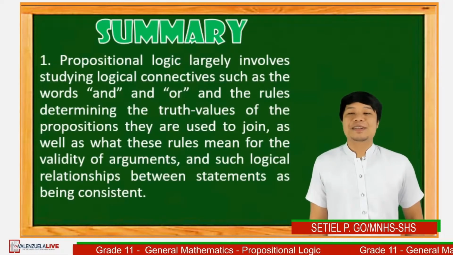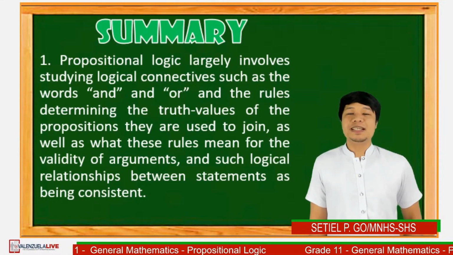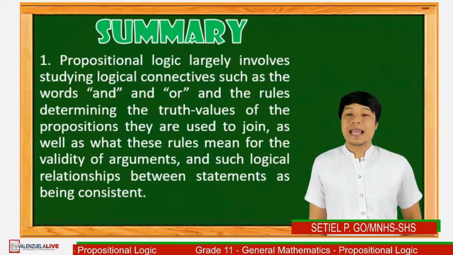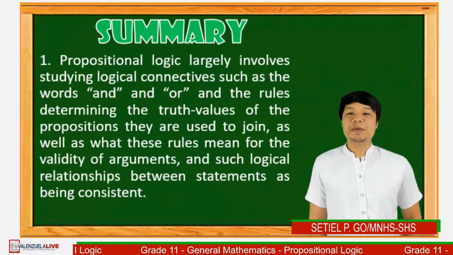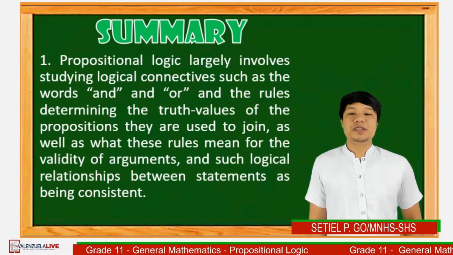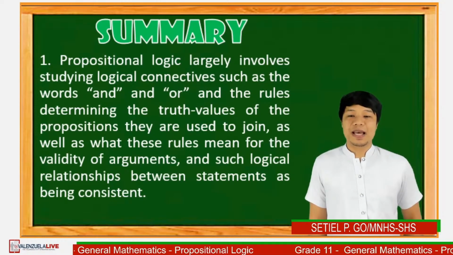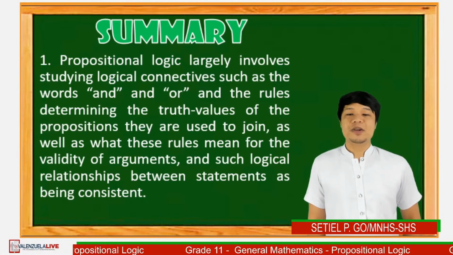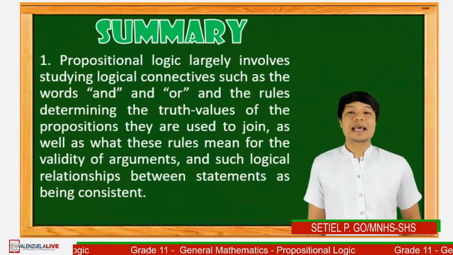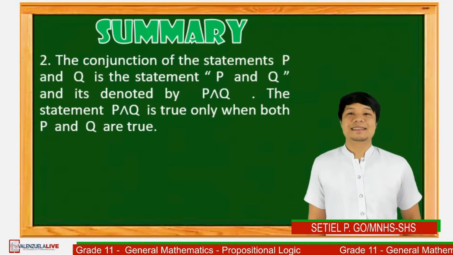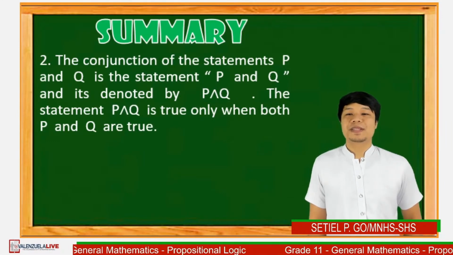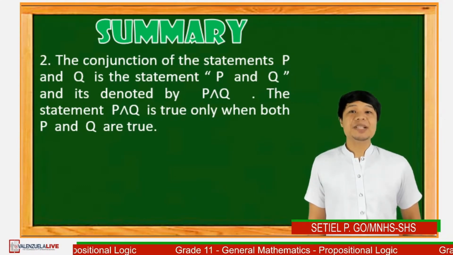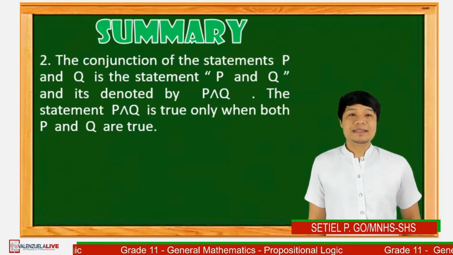So let's summarize. Number 1, propositional logic largely involves studying logical connectives such as the words and, or, and not, and the rules determining the truth values of the propositions that are joined, as well as what these rules mean for the validity of arguments and such logical relationships between statements as being consistent. Number 2, the conjunction of the statements P and Q is the statement P and Q, and it is denoted by this symbol.